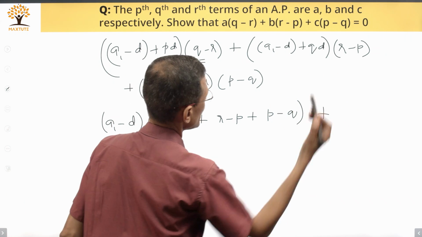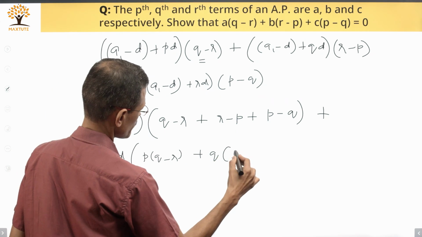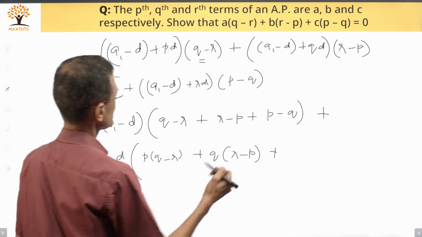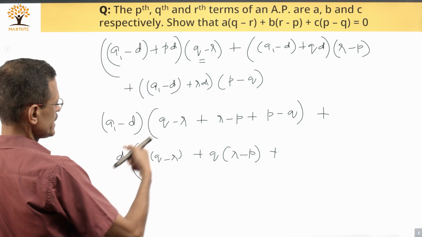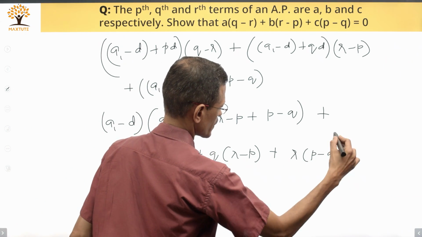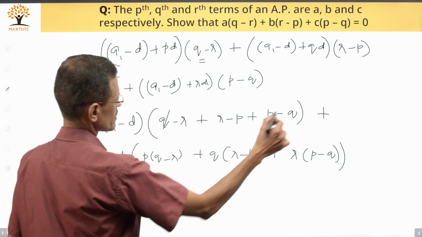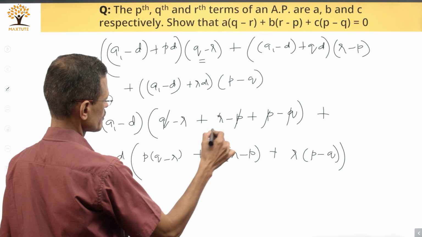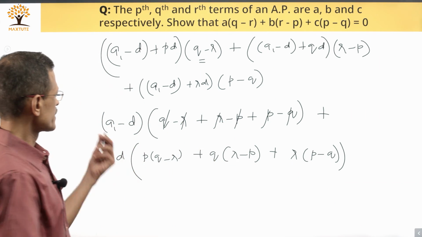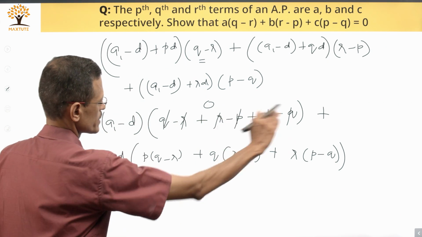Similarly, qd into (r minus p), d is taken common outside, so we have q into (r minus p), and finally rd into (p minus q), d taken common outside, so there is going to be r into (p minus q). Check out what we have here. q gets cancelled with minus q, p with minus p, r with minus r. So, this part is (a1 minus d) times 0. So, this is going to be a 0.